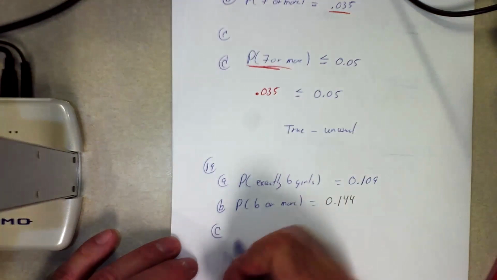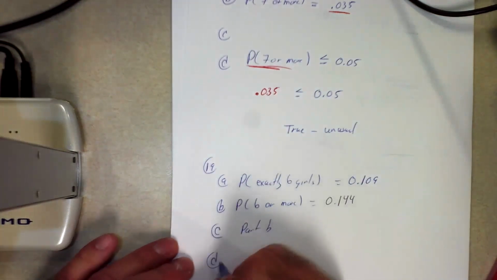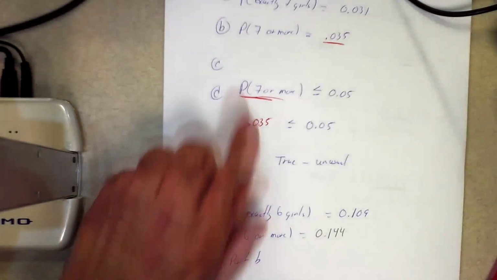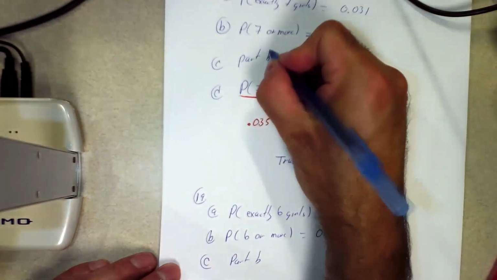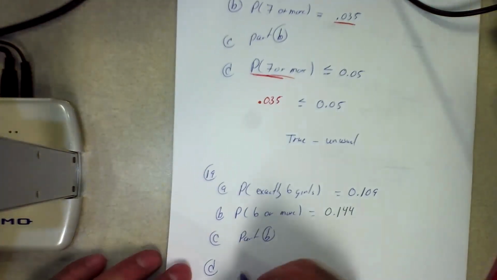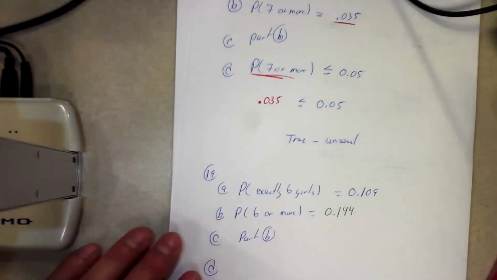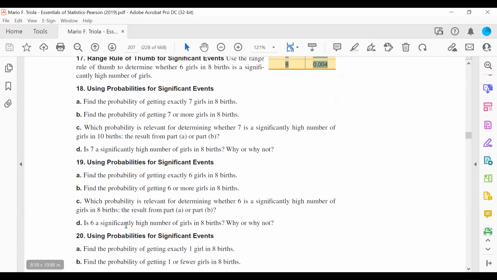I forgot, that's part B. I didn't label the other one. That was part B. And then C says, is 6 a significantly high number? Is it unusual?